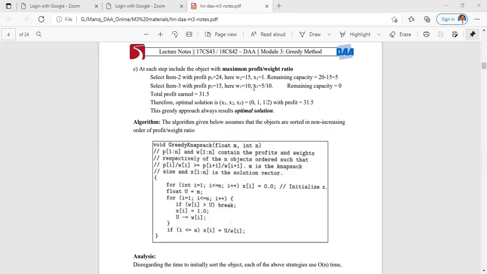Next you go to 15 by 10. The remaining capacity is 0. Again you calculate the profit using P1 x1 plus P2 x2 plus P3 x3. So 24 into 1, 15 into 1 by 2. You will get the profit as 31.5.